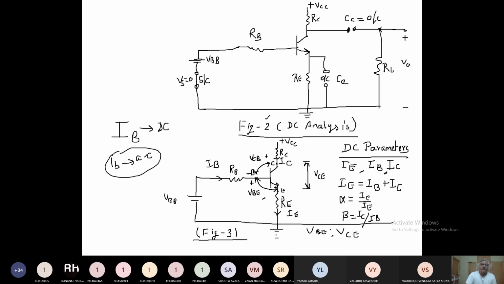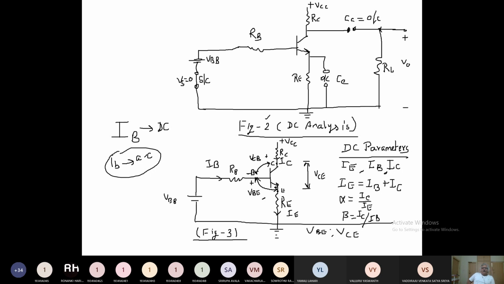So in this way, you can see figure number 3. This figure will be made when we are doing the DC analysis. Capacitors are open circuit, so they are removed. And the load resistor RL connected as the output will also be removed because it is connected to the open circuit coupling capacitor CC.